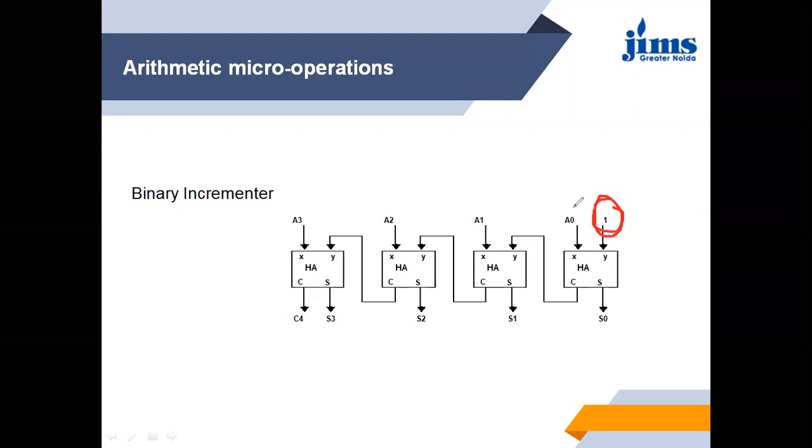Whatever is the value of the register, we are adding 1 to that, and the carry generated we are feeding into the next register. So in the case of a binary incrementer, we have to add 1 only in the first bit.